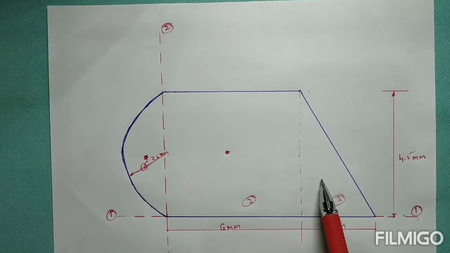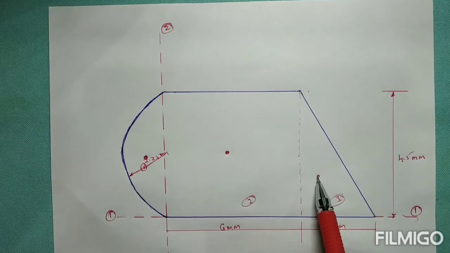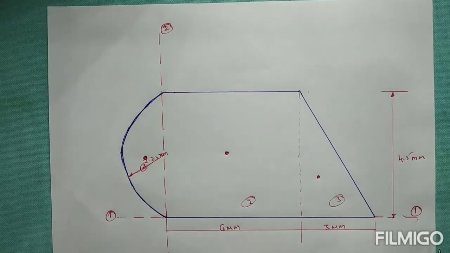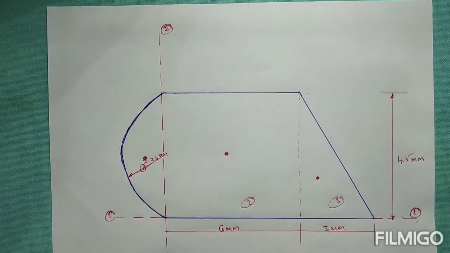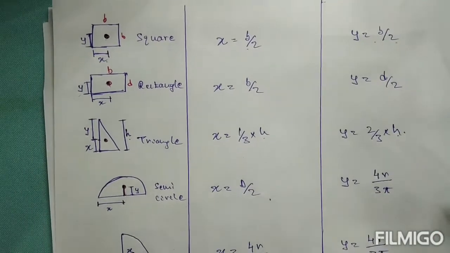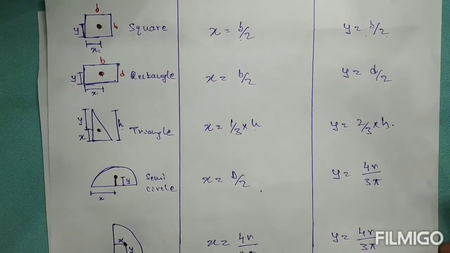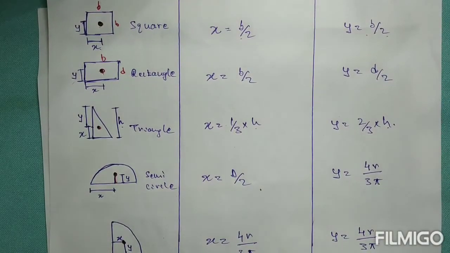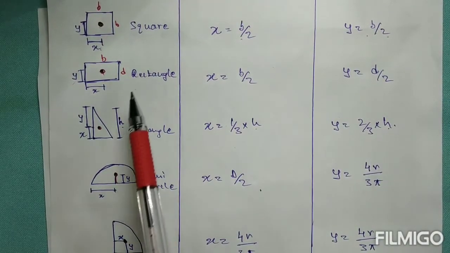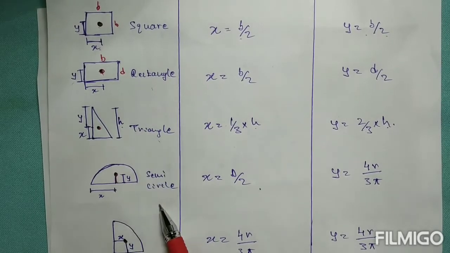Next the triangle, exactly here. Let me show the tabular column once. We have already written the formulas of each CG. You can see in the first class we already derived all of this. Here we are concentrating only on rectangular, triangular and semicircle.